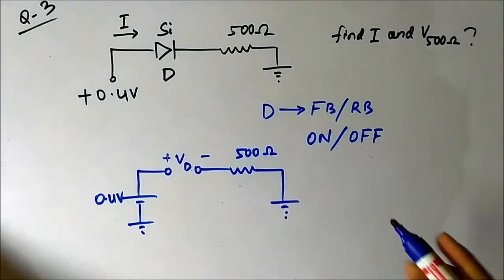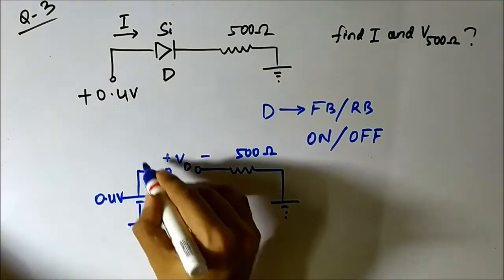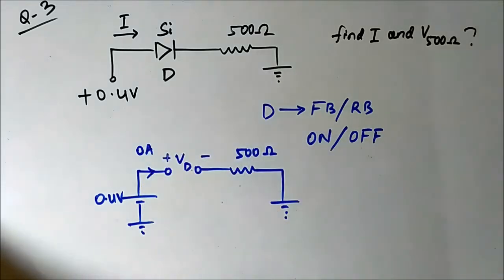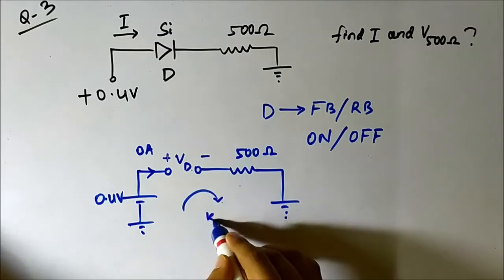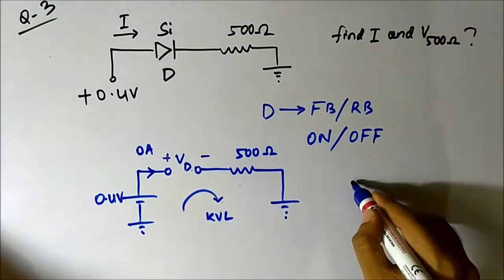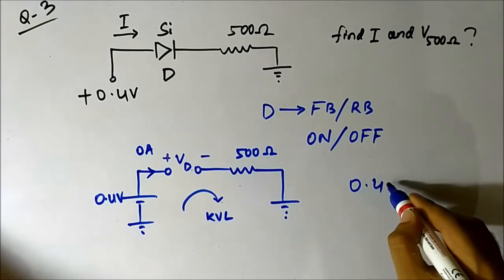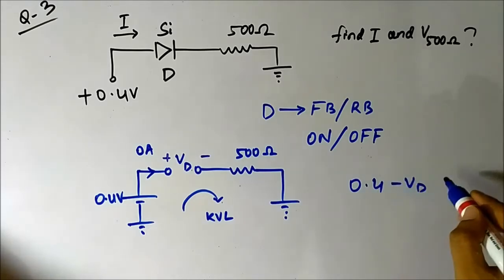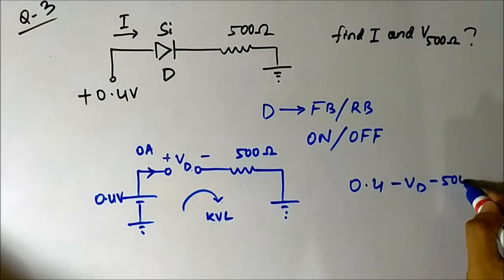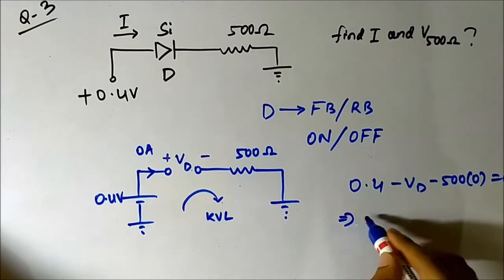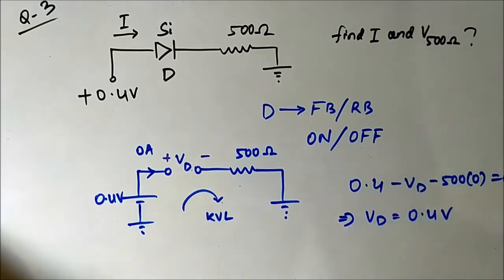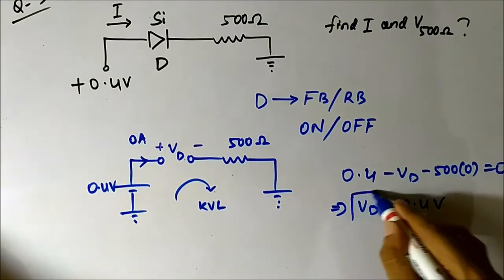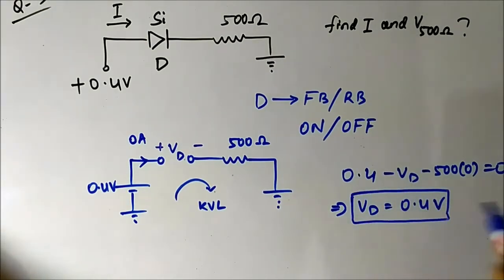As the diode is open circuited, no current will flow through the circuit. When we apply KVL here, we'll get 0.4 minus Vd minus 500 into 0 equal to 0, or in other words, Vd is equal to 0.4 volt. Vd, the voltage across the diode, is 0.4 volt.